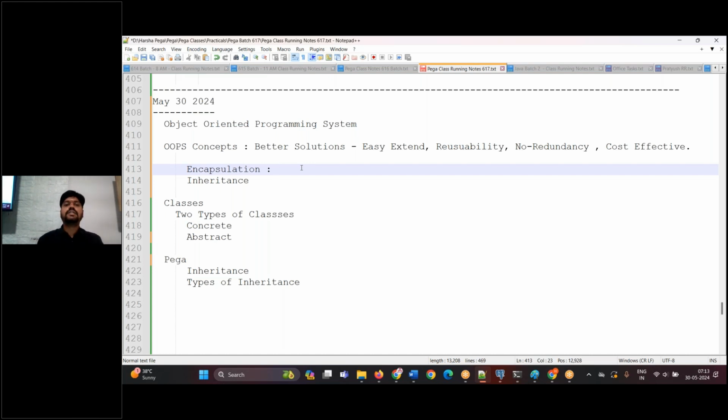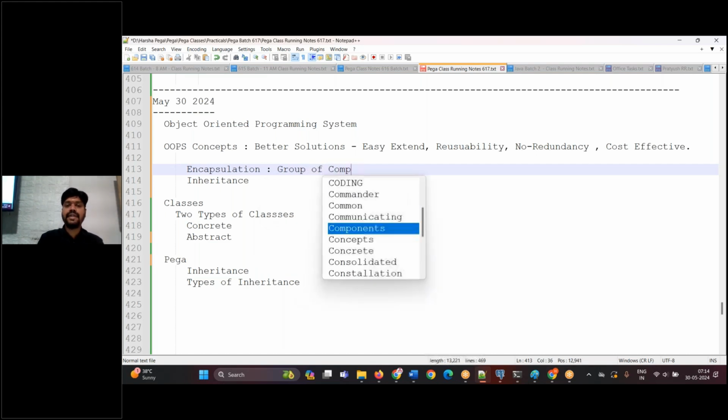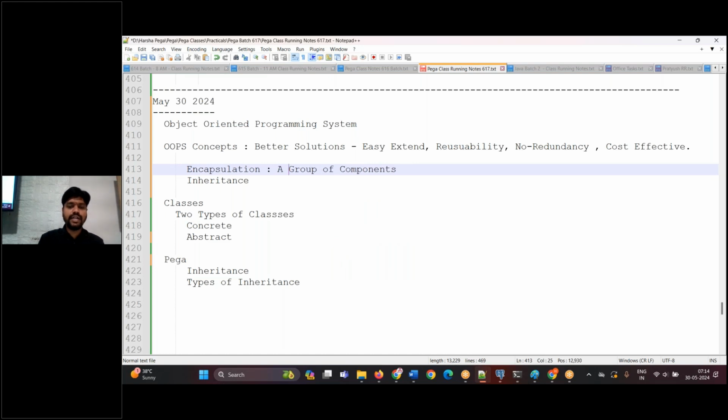It's not a real one. So what is encapsulation? Encapsulation is a kind of grouping of components. It's a unit structure.